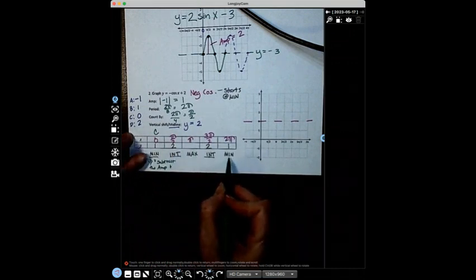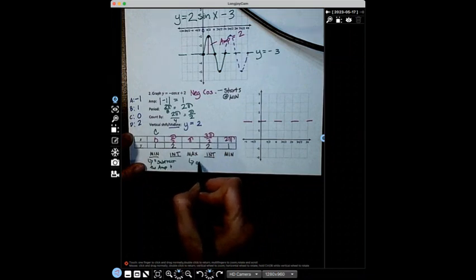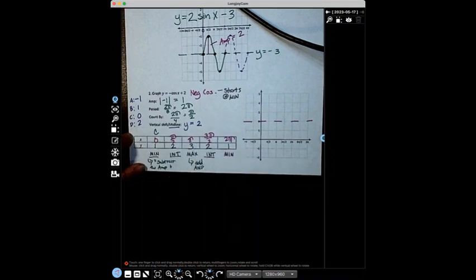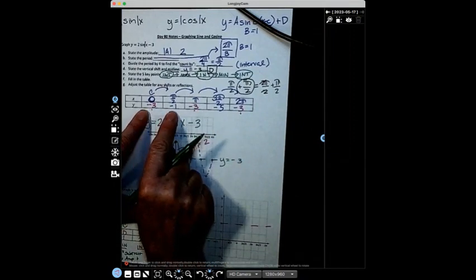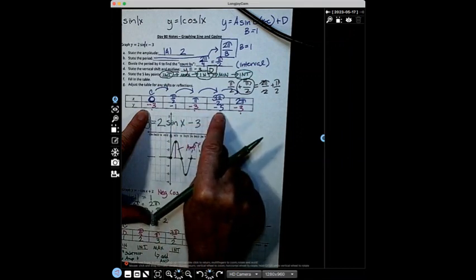That's going to be the minimum value. The maximum, what do we do? We add the amplitude. So 2 plus 1 is 3. Okay, and that's what we did here. We had a midline of -3, and we added the amplitude. For the minimum, we subtracted the amplitude of 2.